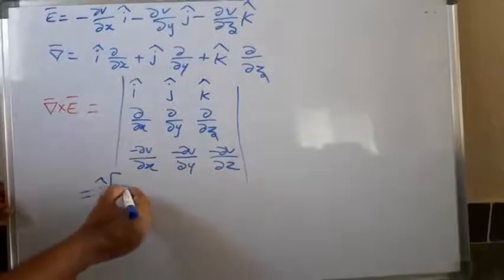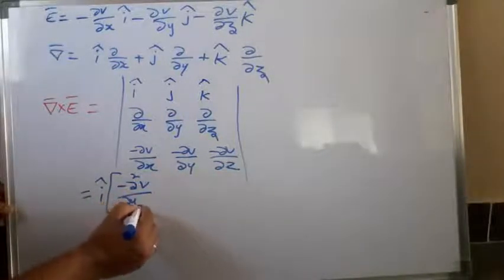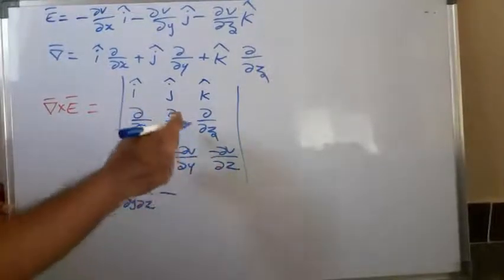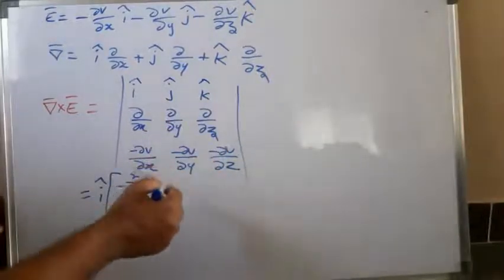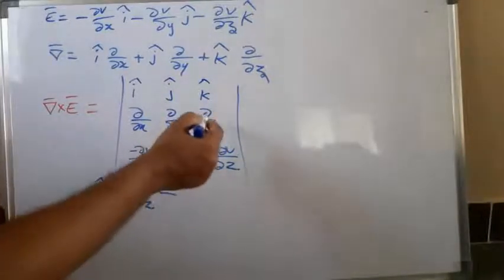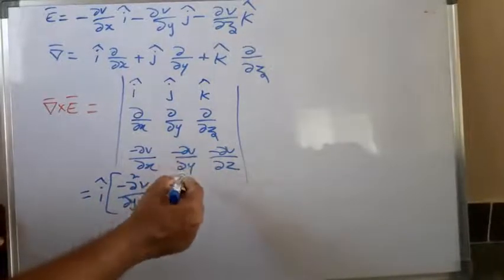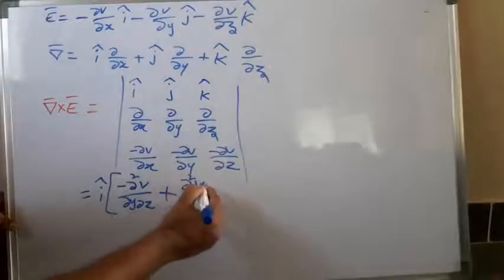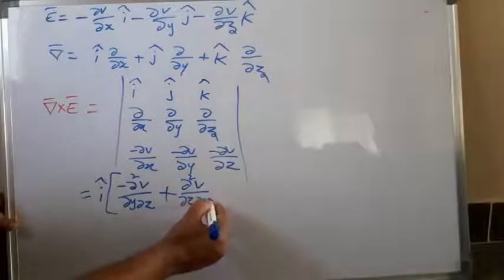It is minus dou square v by dou y dou z, minus the multiplication of the other diagonal, dou by dou z of minus dou v by dou y. We get minus dou square v by dou z dou y. That means minus becomes plus dou square v by dou z dou y.